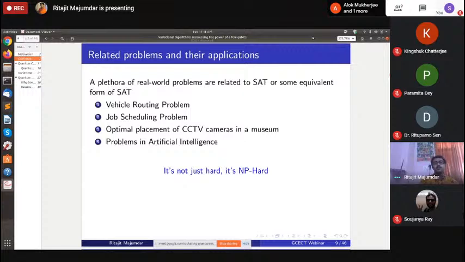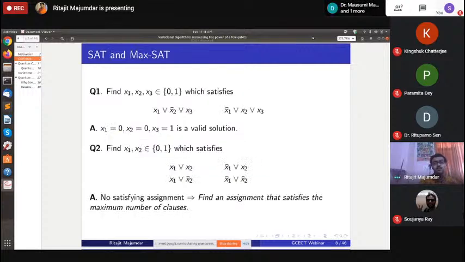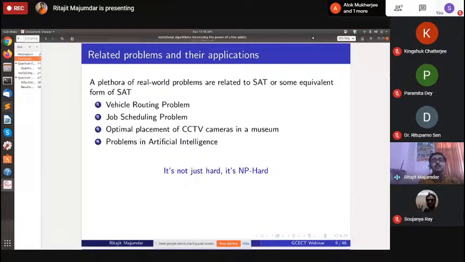Okay. So why are we interested in these type of problems? These are just giving some values, zeros and ones, and suddenly why are we interested in that? Because these type of problems have immense applications in many real life problems. Like you have this vehicle routing problem. What is this? You use it in Google Map.